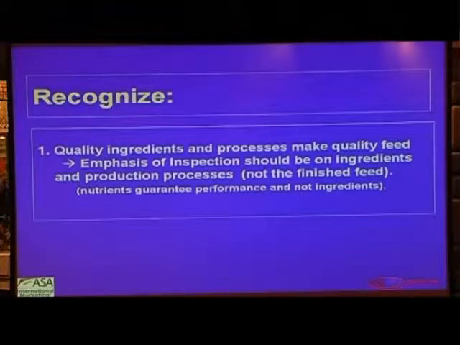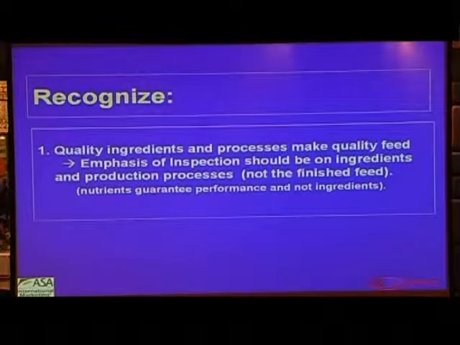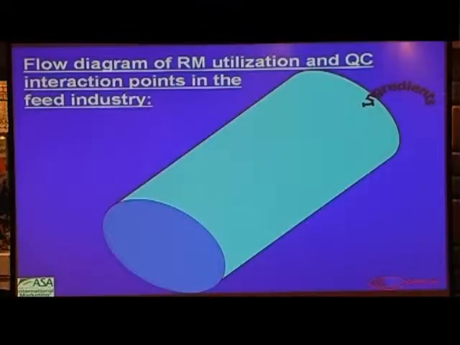The emphasis of inspection should be on the ingredients and on the production processes, not necessarily on the finished feed. So that's one reason why in the feed industry, formulators, research can be so annoying for many buyers, because they try to get the pressure off the feed and onto the ingredient.